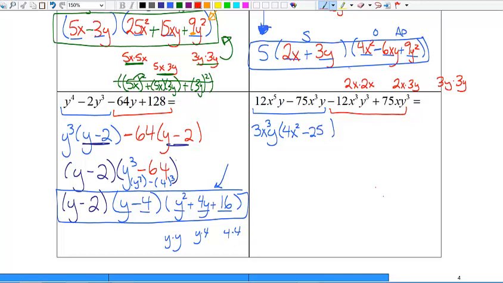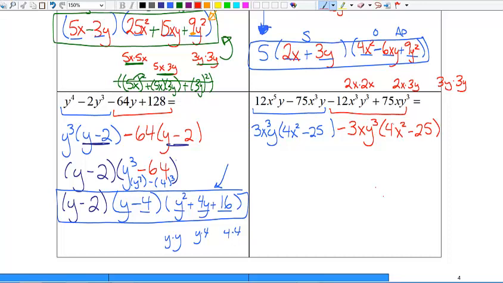In my red group, it looks like I can factor out a negative 3xy cubed, which leaves me with positive 4x squared. Positive 75 divided by negative 3, that's a negative 25. xy cubed divided by xy cubed is 1, and then I don't need to write it.